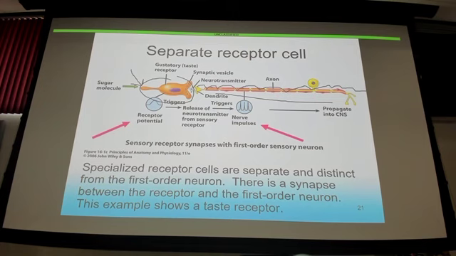As y'all are talking about it, I'm trying to figure out how y'all got there, because nobody's ever asked me that. If a taste bud's first order neuron is in the dorsal root ganglion. So would it be, I guess, in the medulla? Well, yes. Now we're getting there.